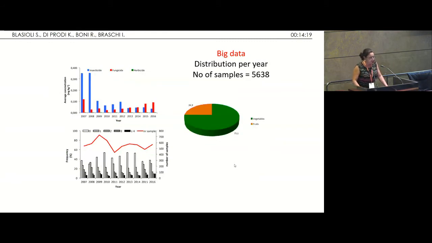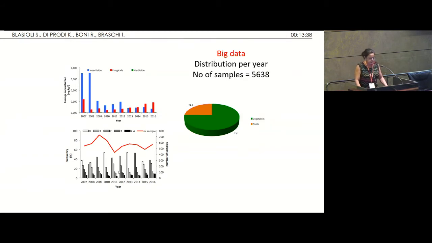If we look at the distribution of the big data year by year, we can observe, and this was expected, a reduction in the use of insecticide, in ppm, this is the unit, and an increase of fungicide, at least from 2010 or 2008. This was also expected because we are observing resistance to fungicide, so we just confirmed what we know from the Italian phytosanitary service.